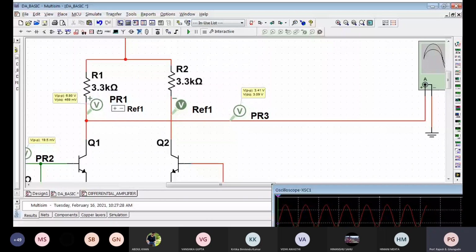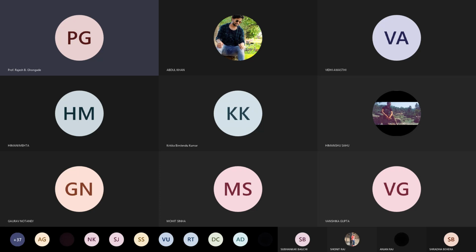That is the reason for using a level translator. A level translator removes the DC content, or shifts the output properly, so that there is no DC content in the final output.